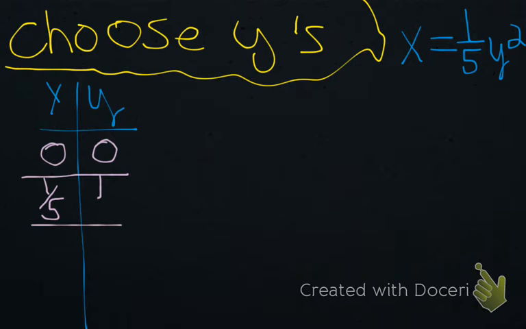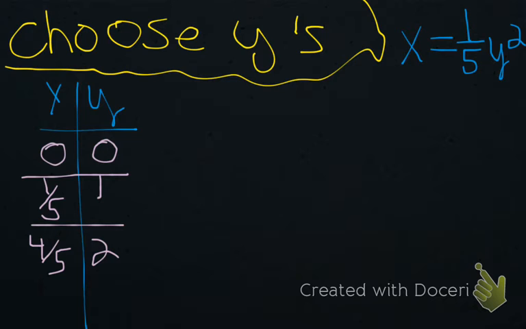Okay, and then we could also choose, let's see, how about we do 2? 2 squared is 4. 4 times 1/5 is 4/5. Try not to go too high. I mean, you could do 5, but you'd get 25, and who really wants to do that?